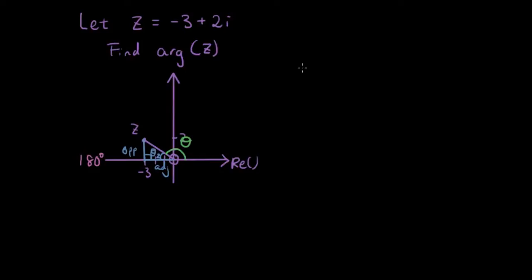So we have tan of theta 2 is equal to opposite over adjacent. Substitute the numbers in: opposite is 2 units and adjacent is 3 units.